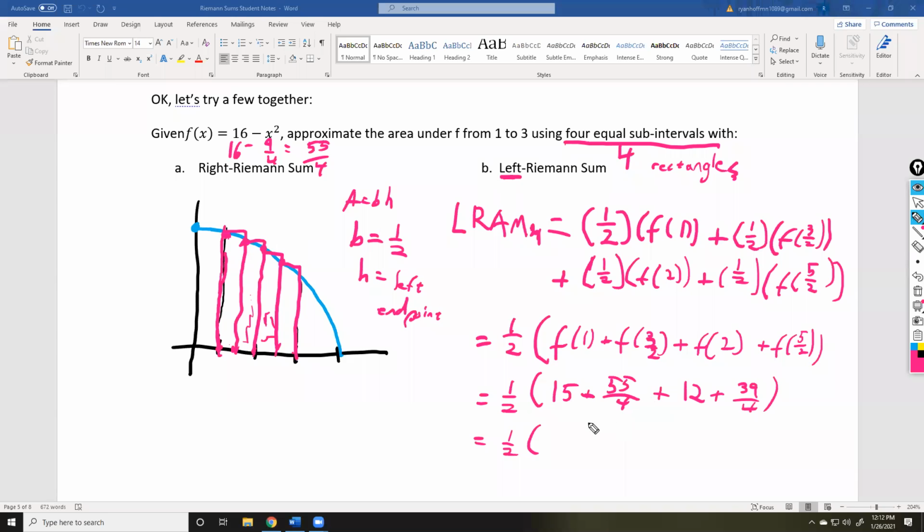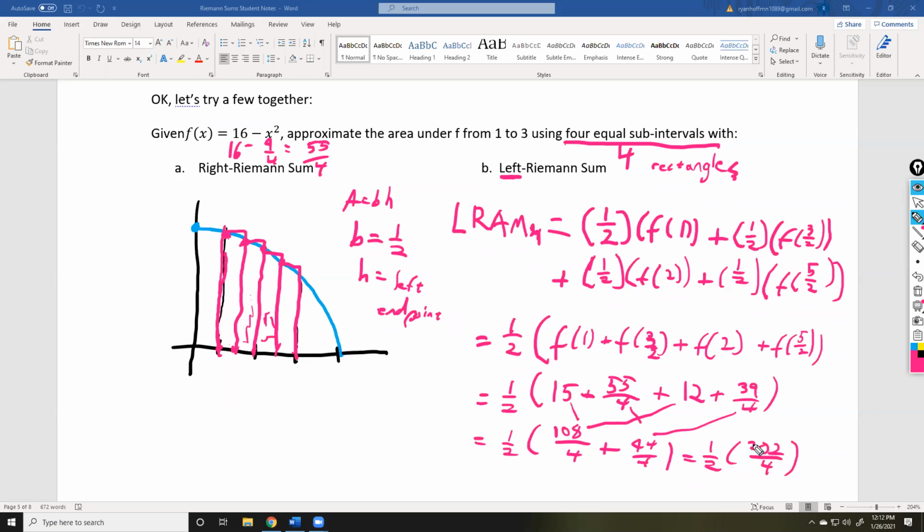15 and 12 is 27, which is going to be 108/4. So that's these two put together. And then 55/4 and 39/4, that's 55 and 39, which is going to be 94. 108 and 94 is going to be 202/4.